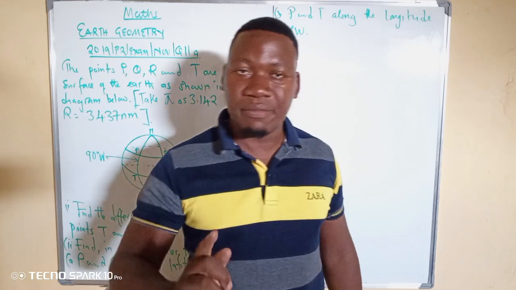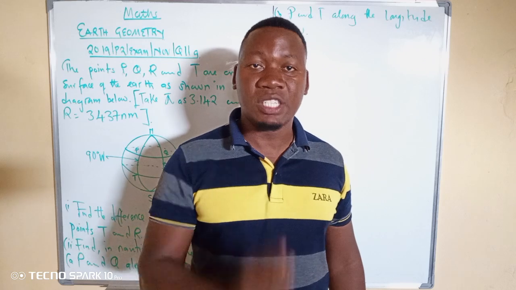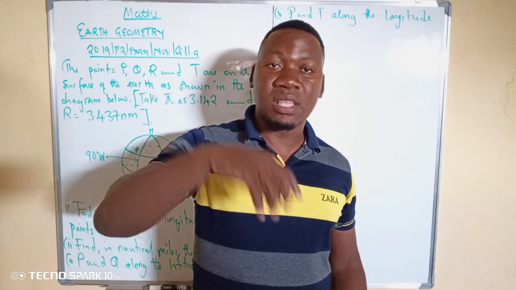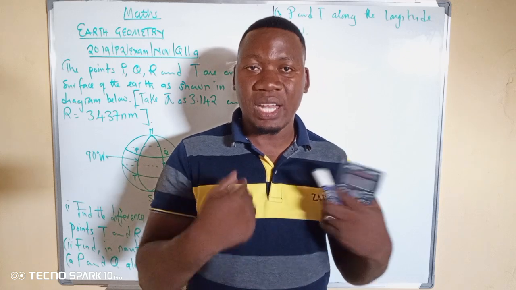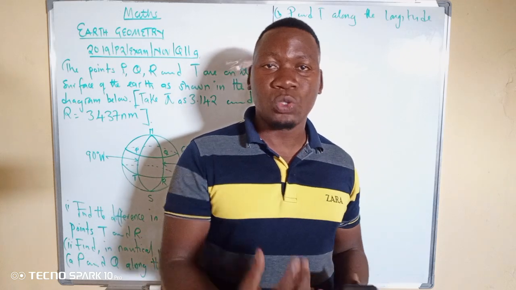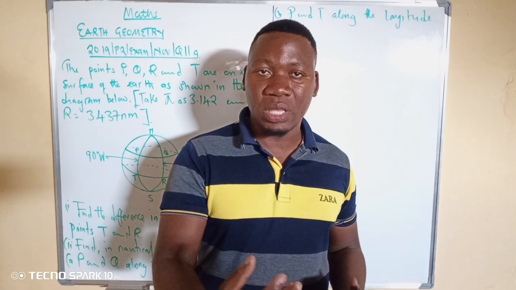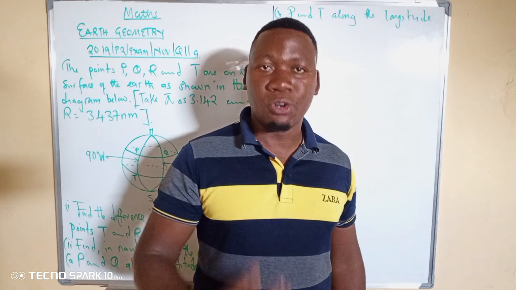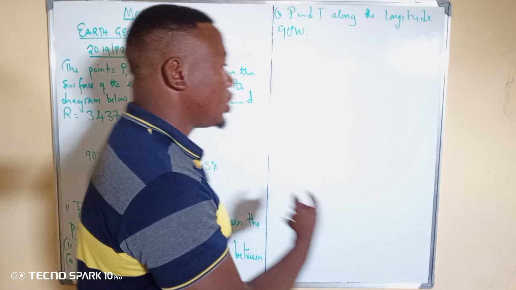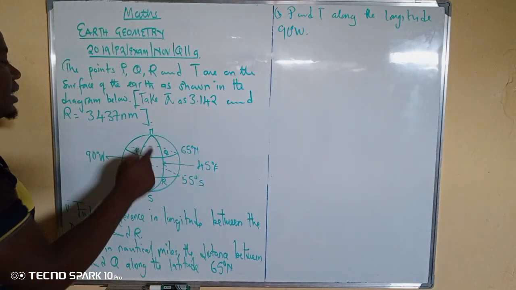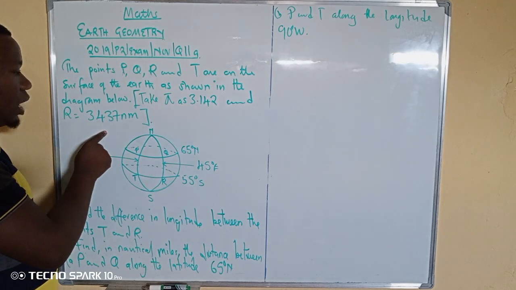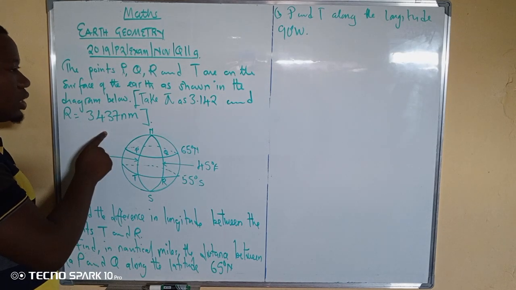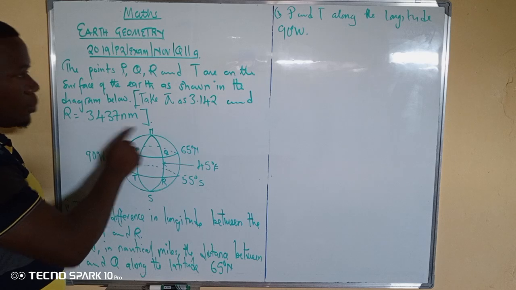It is not you who chooses, but them in the question. You and I do not have any power to choose whether we use 6370 kilometers or 3437. According to this question, the way it came in 2019, they chose for us to answer in nautical miles.